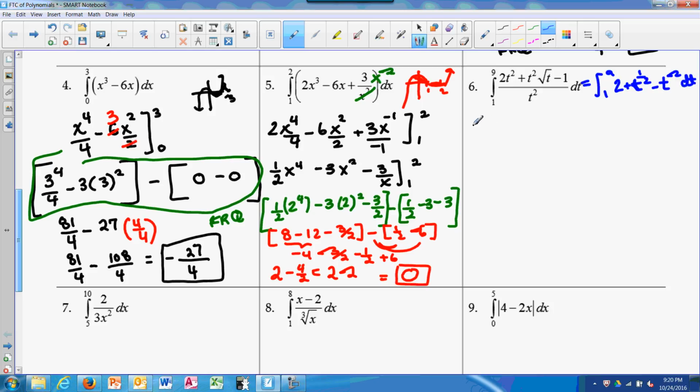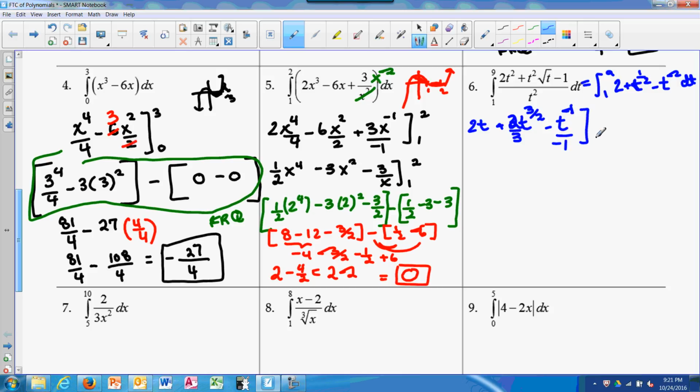So when I integrate, I get 2t, t to the 3/2, because I'm adding 1, divided by 3/2, which is times 2/3. If you want to double check, if you multiplied this together, you would get 1t to the 1/2 for the derivative. Now going backwards, I have to add 1, so I get a negative 1 divided by negative 1.